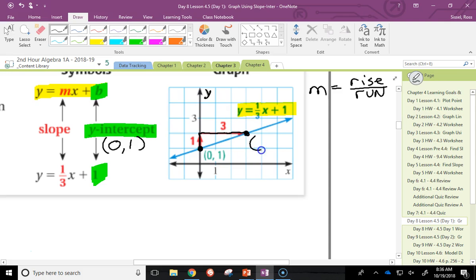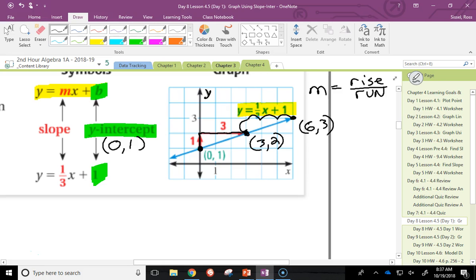I could write this coordinate now as 3, 2. I could do another one. Go up 1 and over 1, 2, 3. And that one would be at, let's see, 4, 5, 6, 3. And then we have our line.